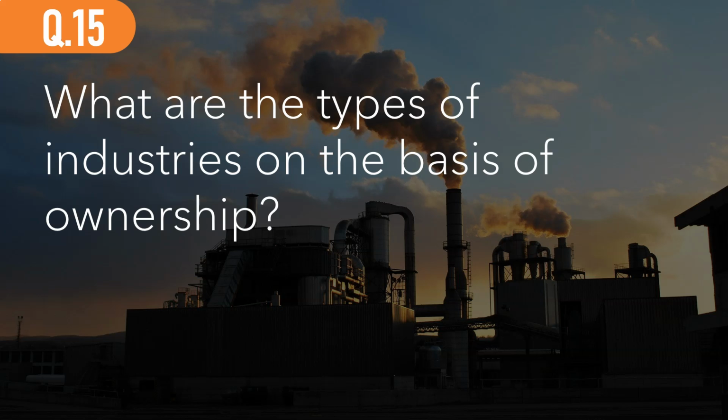Then we also have joint sector ventures. In this case, it's also known as a public-private partnership. So the government and private individuals jointly take an initiative to establish an industry. And lastly, we have cooperative sector. Cooperative sector is very essential, particularly in the sugar industry, and we'll look at that soon.